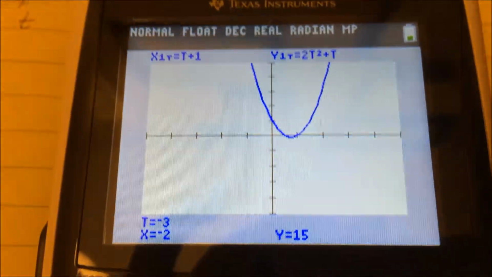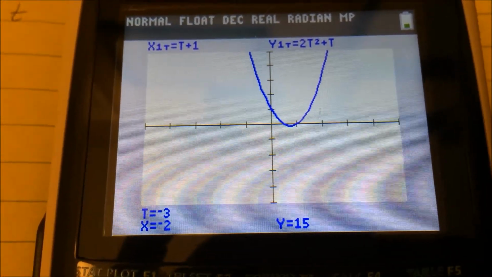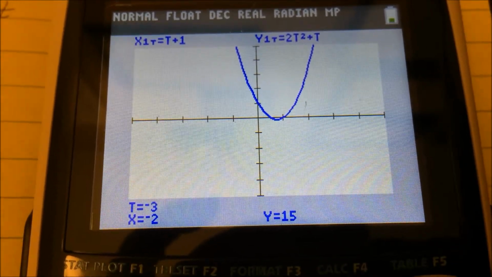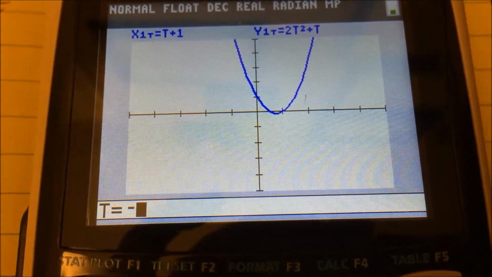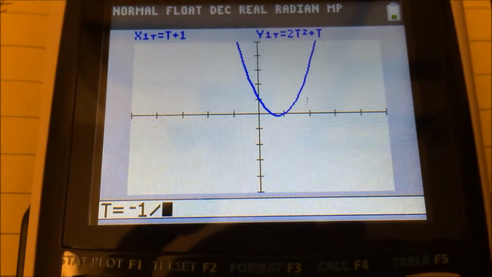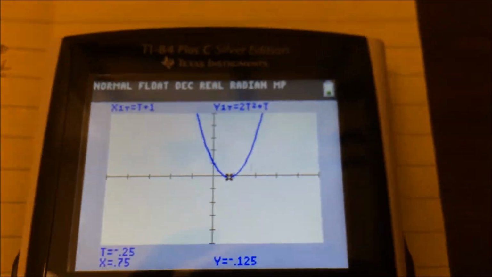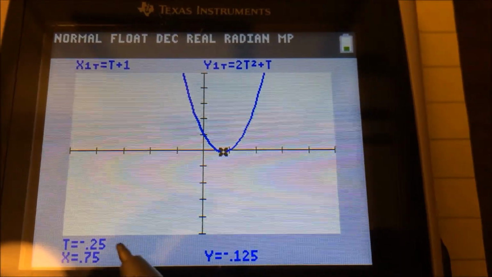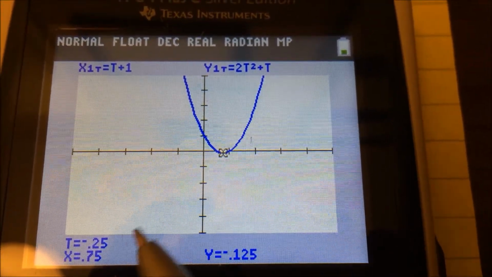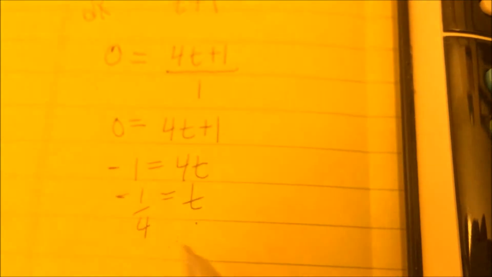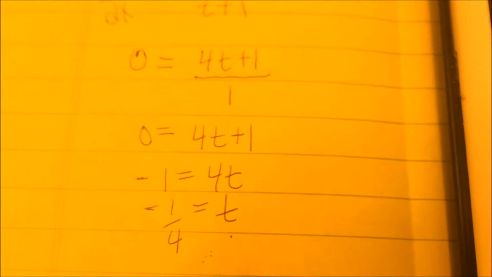So under this part right here, I don't even press in t. I just press in negative, right, because that's going to start the t up right there. So 1 divided by 4, right, press enter, and it's going to trace to this point, which is the lowest point. So yes, it proves that this is the lowest point right there. Yay. Okay, so that's the way to prove this right here. So using yesterday's and also calculus AB knowledge, we're going to do that.